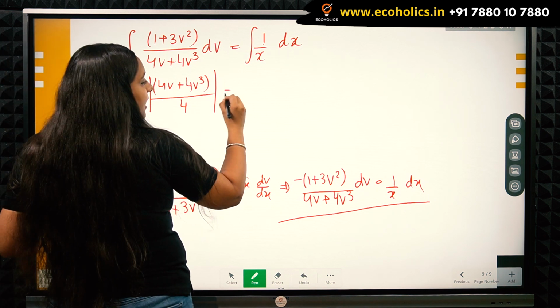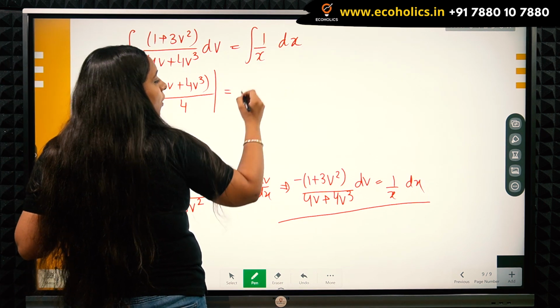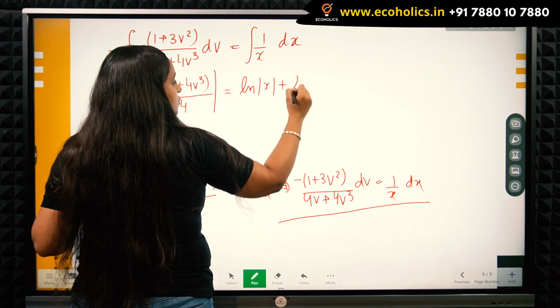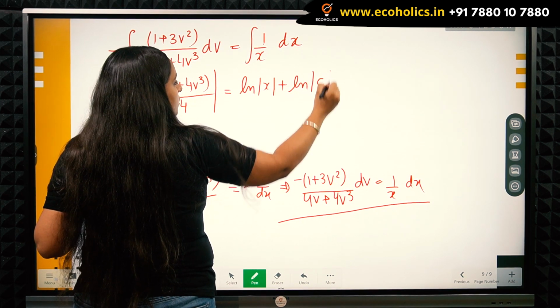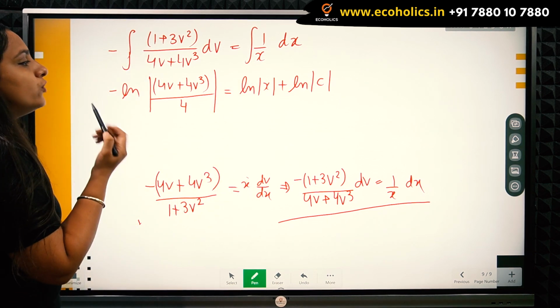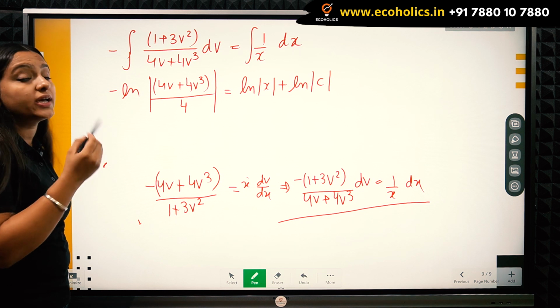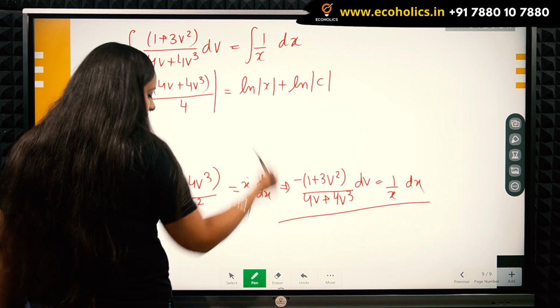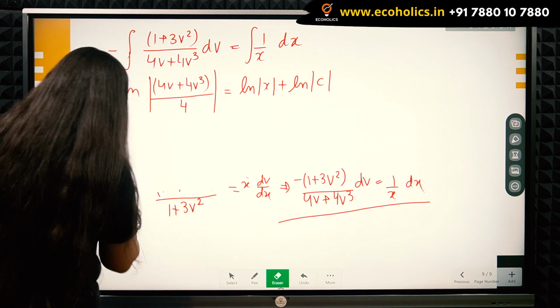On the other side, this is going to be the log of x function plus log of c. So I'm taking the constant also in log, because if I don't take the constant into the log, I would be getting a function which I cannot treat easily. So I have taken everything in log here.